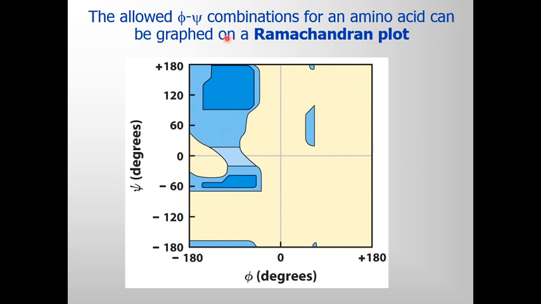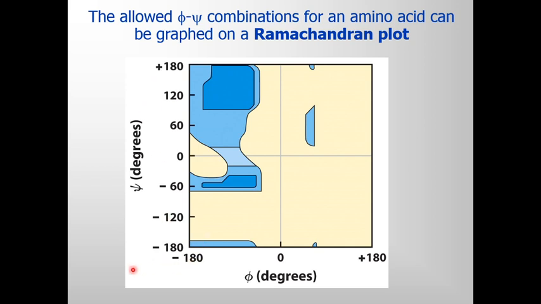The allowed phi-psi combinations for an amino acid or a peptide can be graphed on a Ramachandran plot. Now this is a plot that shows psi on the y-axis versus phi on the x-axis. And as you can see, the plot goes from minus 180 to plus 180 on the x-axis and minus 180 to plus 180 on the y-axis.